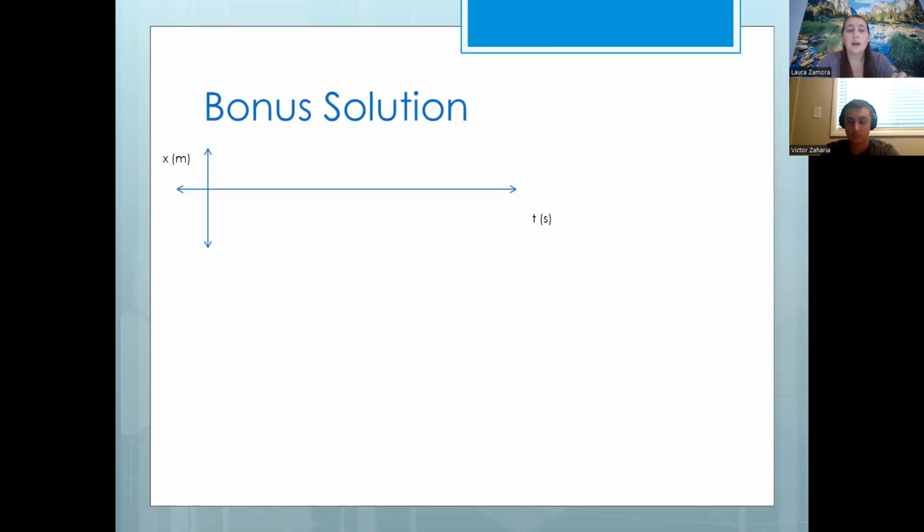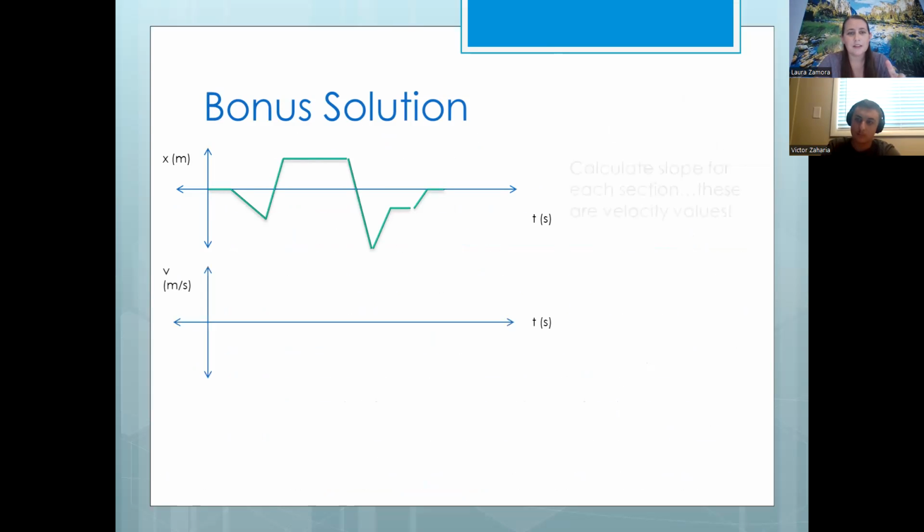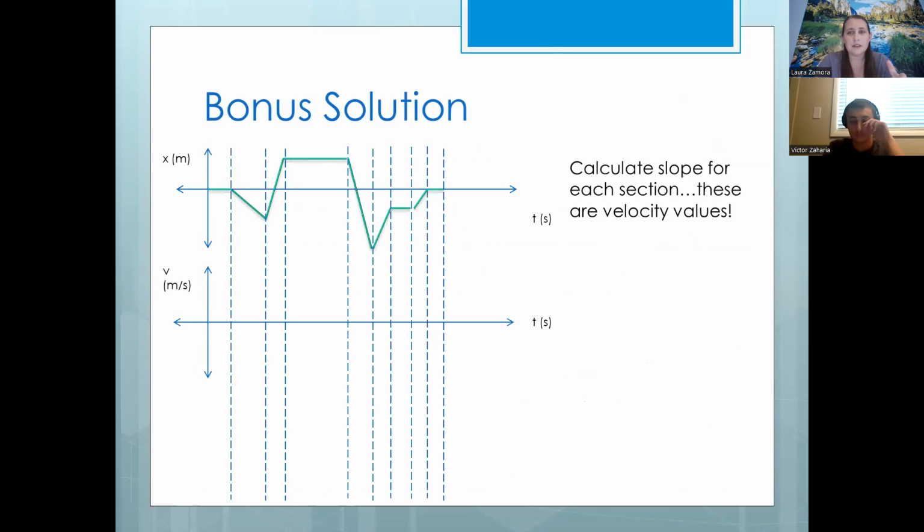Okay. Oh, here are the graphs I was looking for. Sorry, I'm just in the wrong order. All right, so here was our graph. We're going to calculate the slope for each of these sections to get the velocities. So I broke it down into distinct sections, right? And so we can see without numbers the basic idea of these slopes.